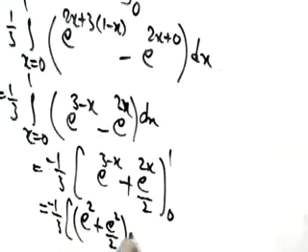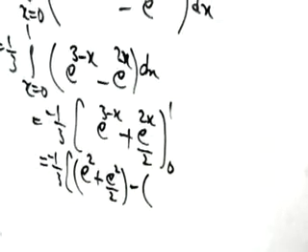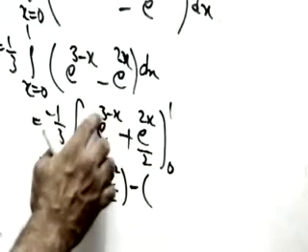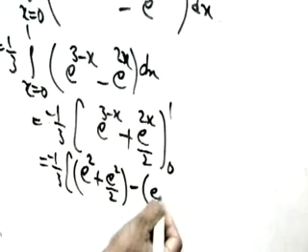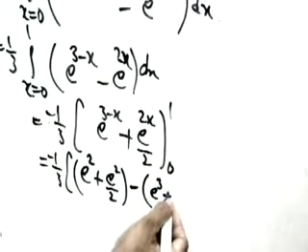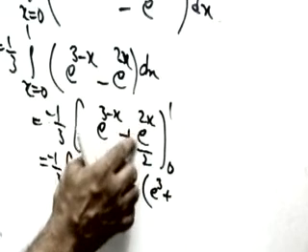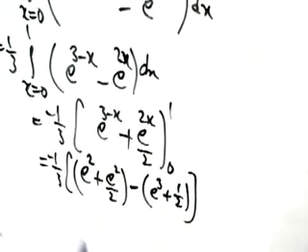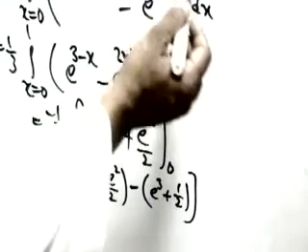So upper limit minus lower limit. Lower limit means in place of x we have to substitute 0. So if we keep in place of x 0, 3 minus 0 will become 3, e power 3, plus, sorry, if you put 0, e power 0 is 1. This is 1 by 2.